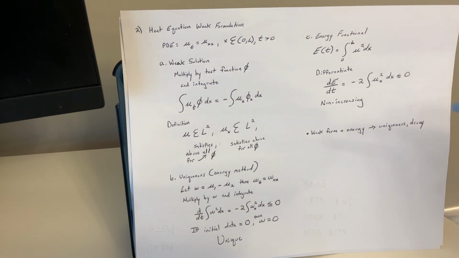So this is going to be non-increasing, and technically, that would be what we need for letter C. So basically, this is weak form plus energy, leads to uniqueness, and we have decay in this situation. And that makes sense in terms of heat.